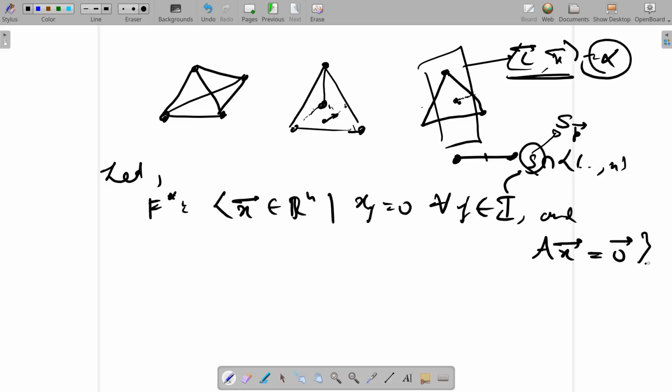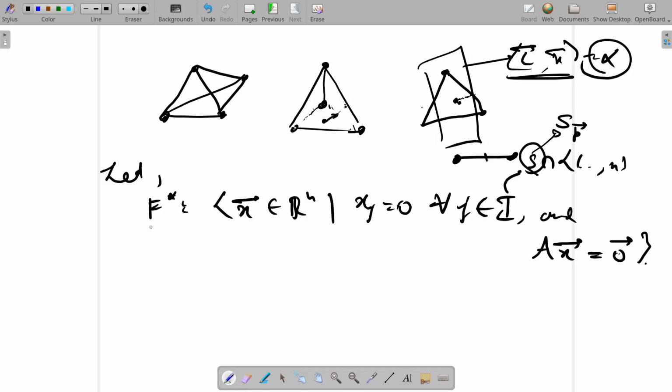Okay, so why do we want to look at this set? Now if I replace this 0 by b, what happens then? This is precisely saying, first of all, Ax is equal to b and all these xj's are 0.